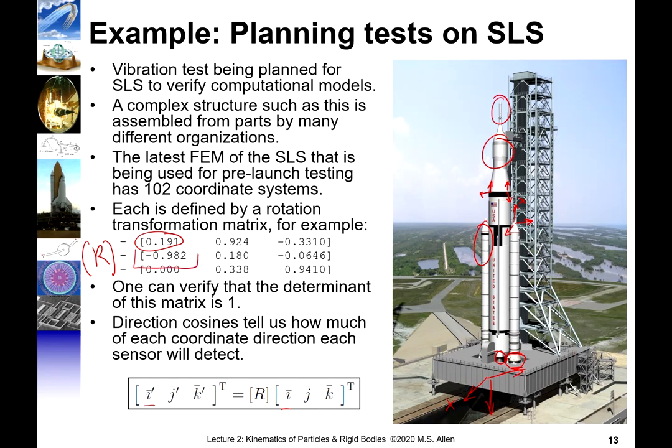In contrast, if we look at this one, this says that J prime is approximately equal to -1 times I. That tells us roughly how that coordinate system is oriented, and we can picture that. So that's an example of how direction cosines might be used. And the computer model carries around all of these hundreds of coordinate systems, and it knows exactly how to put them all together and how to do a visualization of how this thing might be moving or deforming.